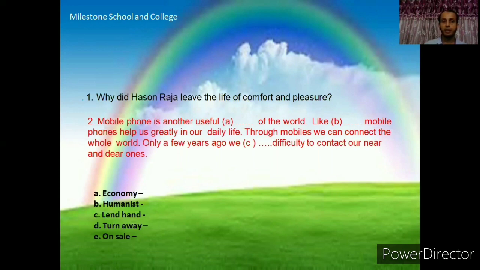Number 2, there is a passage regarding mobile phone. And at the last moment, some vocabulary: economy, humanist, lend hand, turn away, on sale. So these are the vocabulary. So students, what will be the answer of this question?